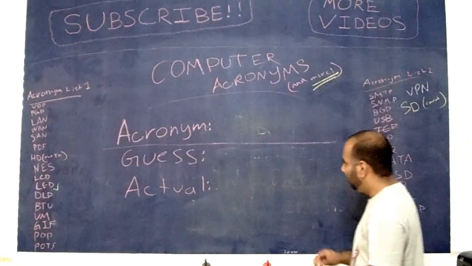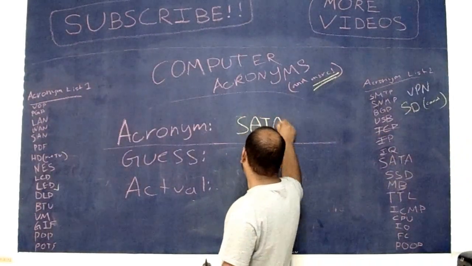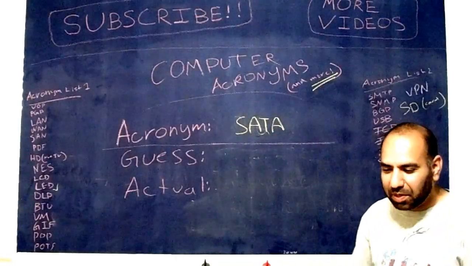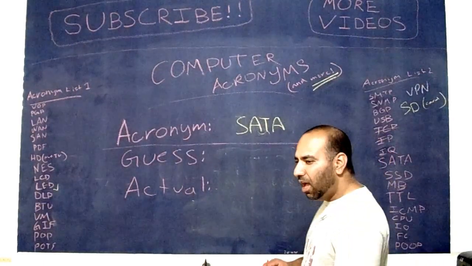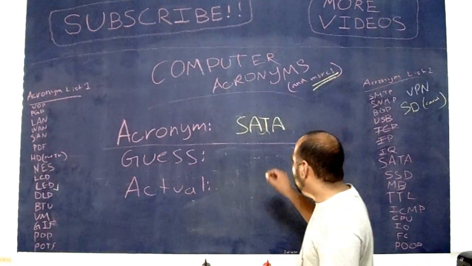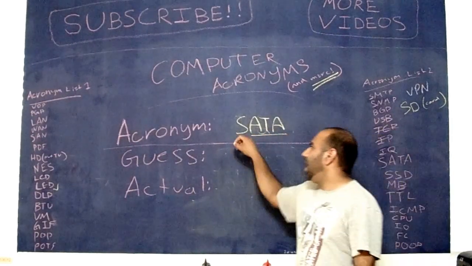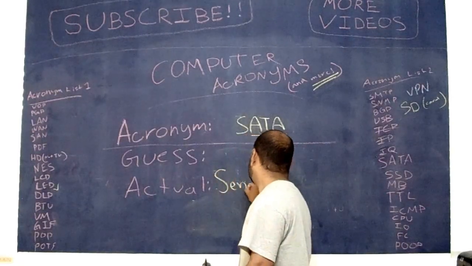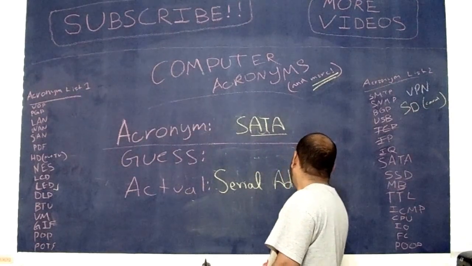Alright. Next one is SATA. It's like Santa without the N. SATA. It's a type of disk drive. Oh, I know this. We had ATA drives back in the days, then came the SATA. The S actually stands for serial. Advanced Technology Attachment.